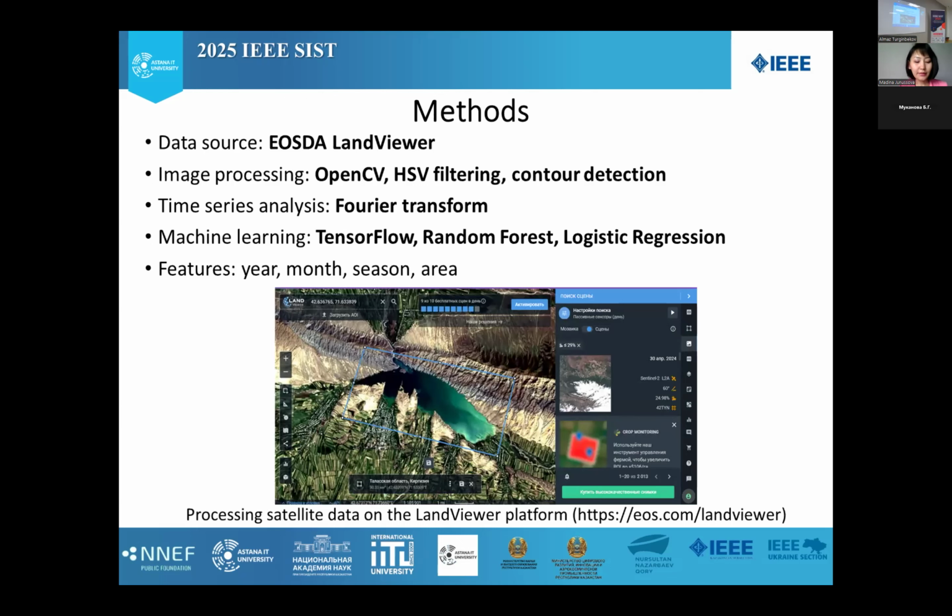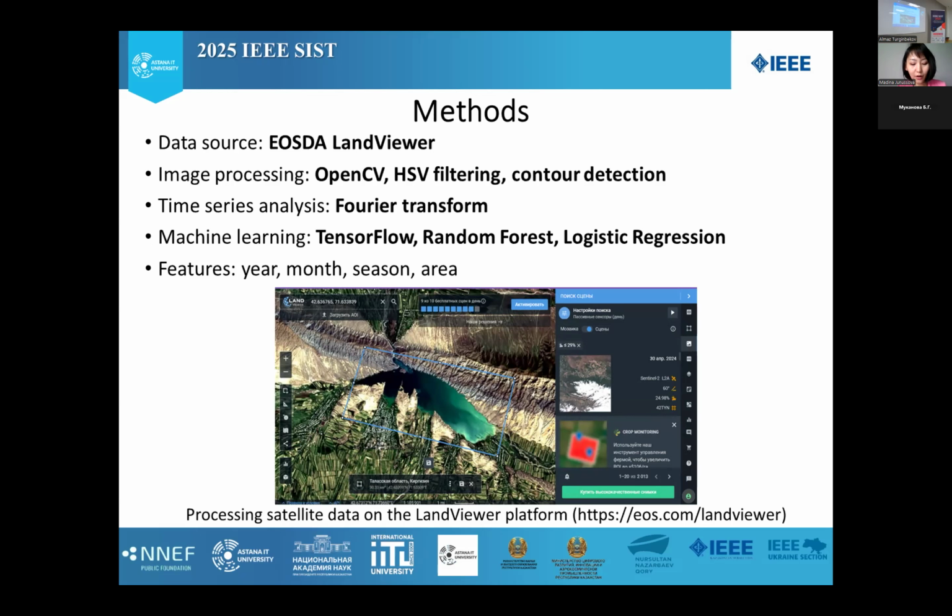There are several major platforms that provide access to satellite data, such as Google Earth Engine, NASA Worldview, Landviewer, and others. Each of these platforms has its own features and advantages.